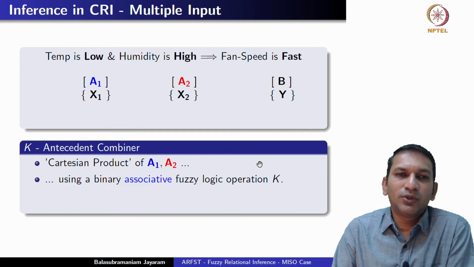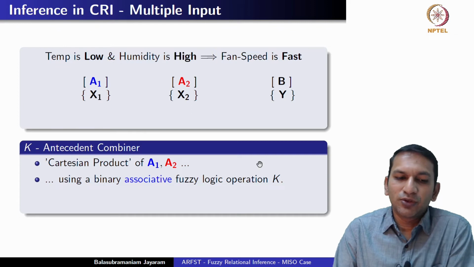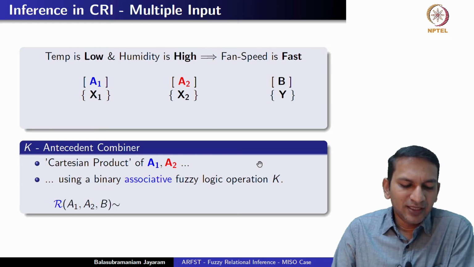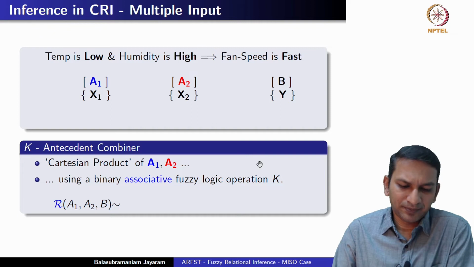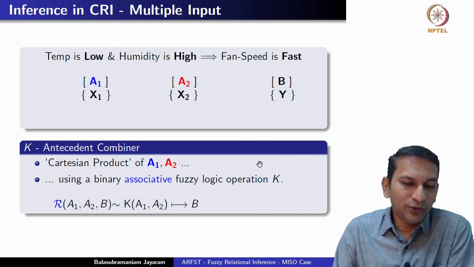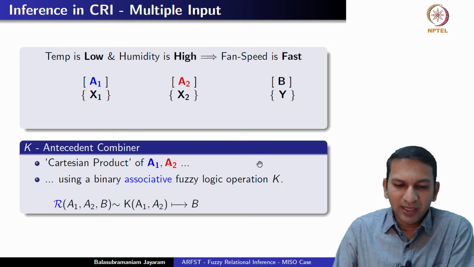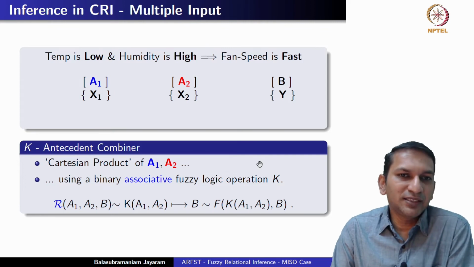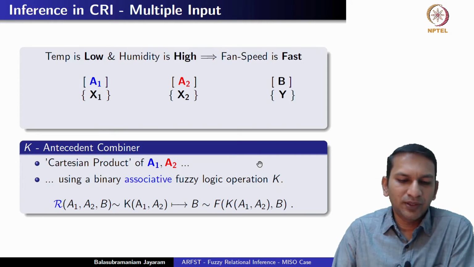We have seen that we don't have just a single input, we have an m-dimensional input, so we need to be able to combine m of them. So in that sense, the rule now becomes R of a1, a2, b. It is being captured as follows. First, we use an antecedent combiner to combine a1 and a2. Then we apply the operation f, which relates this combined antecedent to the consequent.